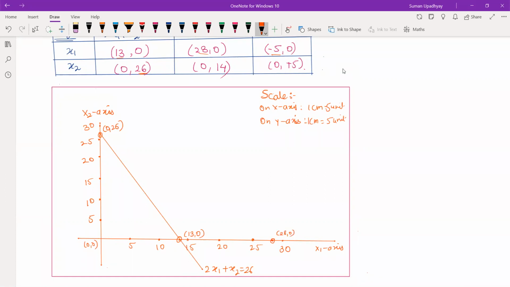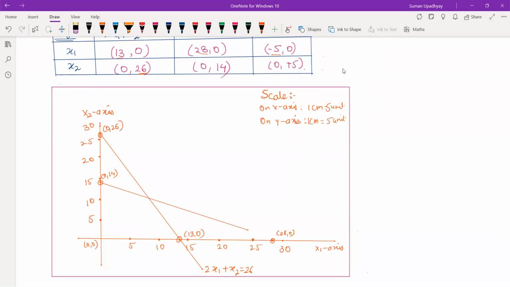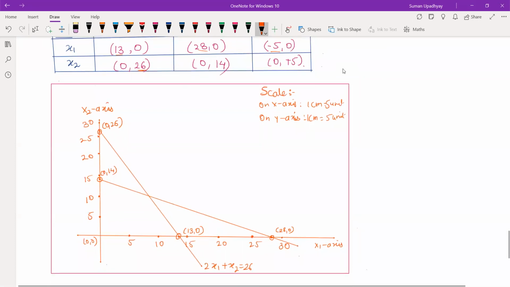And the next is 0,14, which will be closer to 15. Now join them. This is our second line. Write down the equation of this also: 2x1 plus 4x2 equals 56.